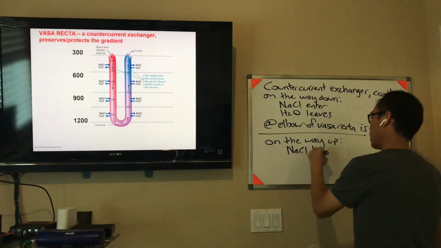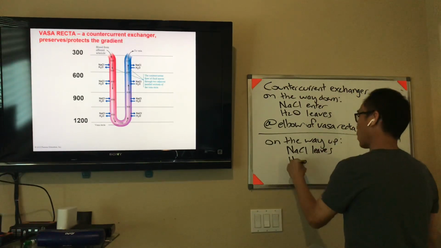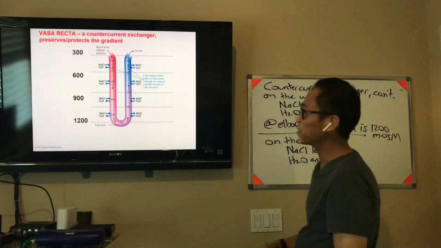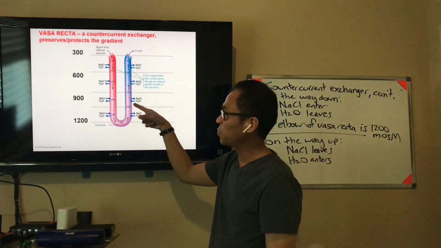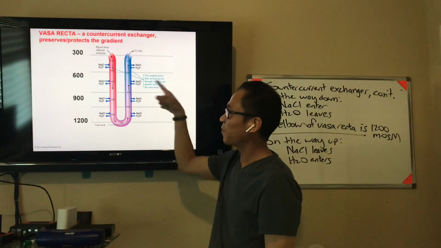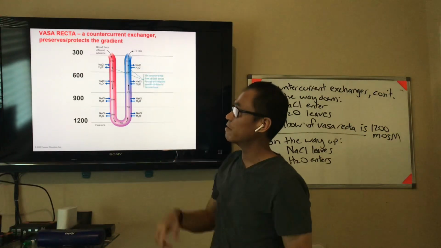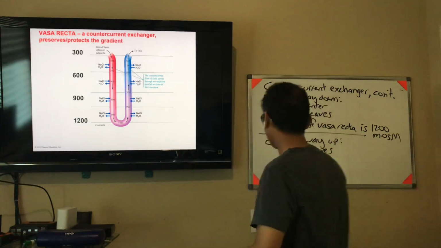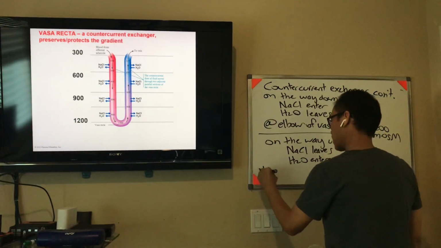Salt leaves the blood, water enters. So what does this do? This basically redilutes the blood. There's enough salt that leaves, so the blood that leaves is almost as salty as when it enters. That's the net effect.